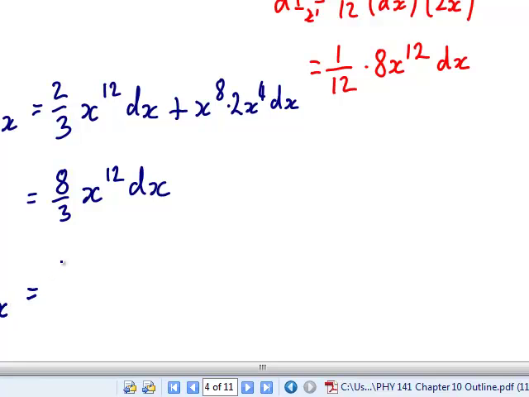So Ix is going to be the integral from x equals 0 to 1 of 8/3 x to the 12 dx. So we went through quite a bit of work to get to this integral, but the integral is actually easier than the other one.